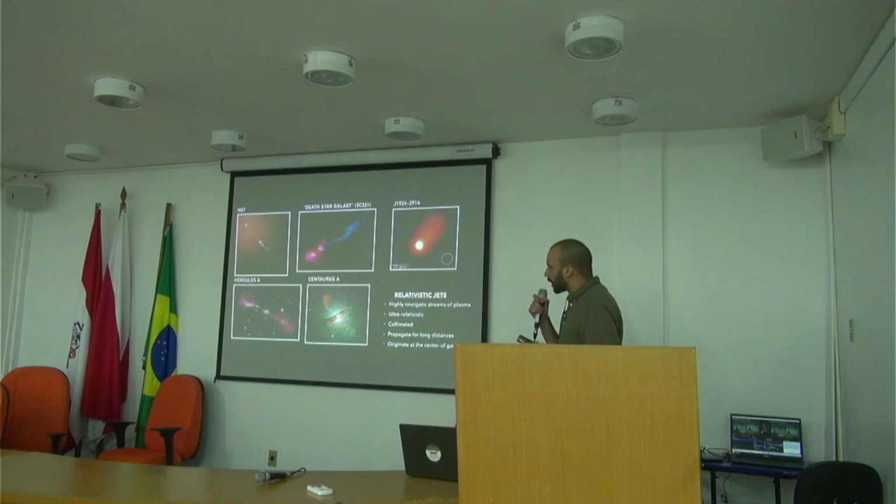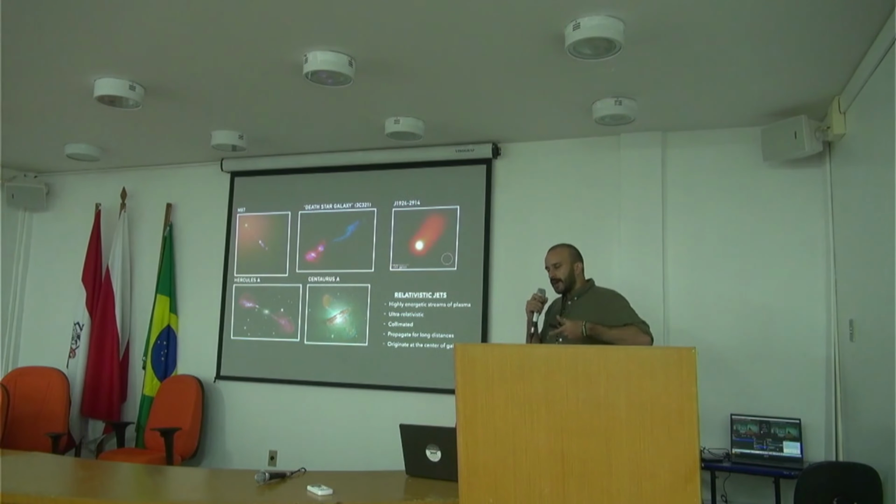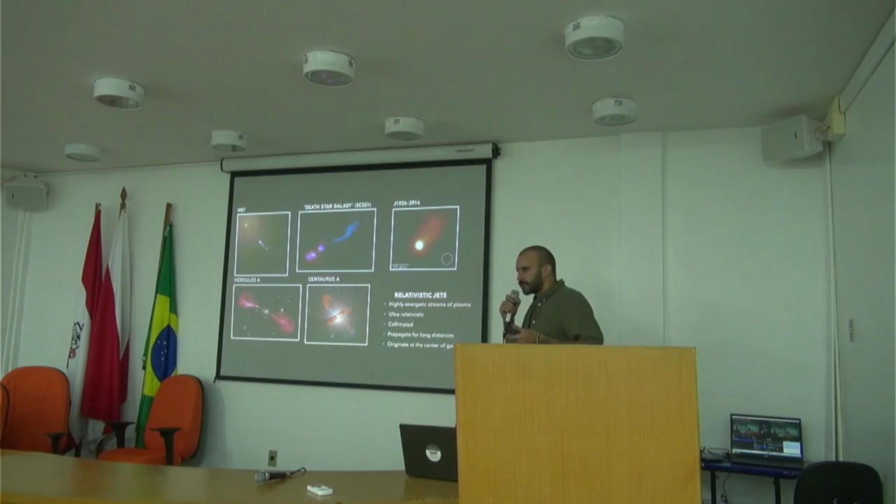Just to give you an example of how energetic these jets can be, we can look at this picture, which is called the Death Star galaxy because it reminds one of the Star Wars movie. In this case, we have a jet emitted from a black hole, which is basically disrupting another galaxy nearby. So this should give you a feeling about how energetic these jets can be.